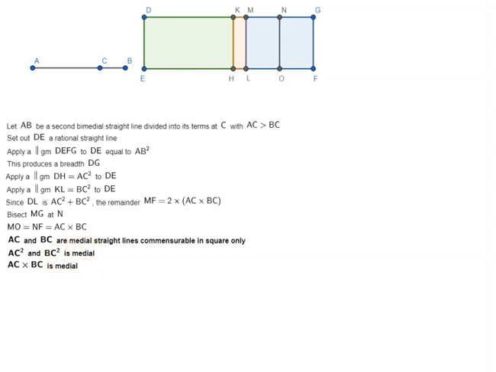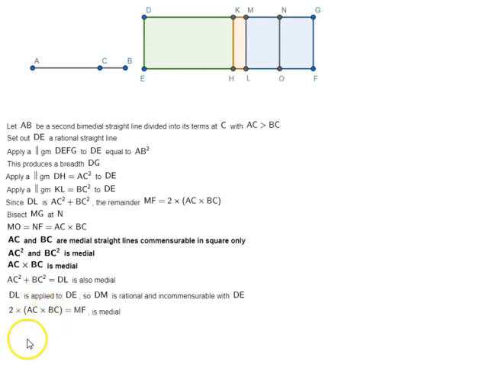Since AC square and BC square is medial, AC square plus BC square, which is DL, is also medial. And this DL has been applied to a rational straight line DE, which means DM, the base of DL, is rational and incommensurable with DE. Since AC by BC is medial, 2 times AC by BC will also be medial, which means MF is medial. So DL is medial, MF is medial.